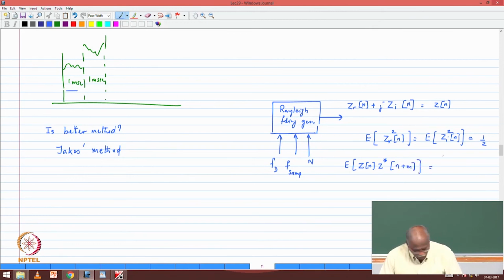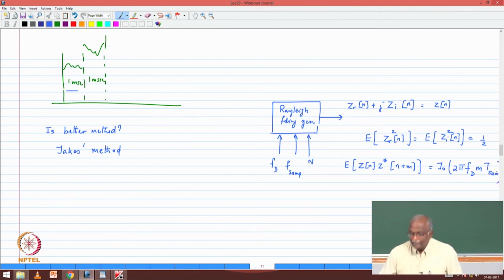This should satisfy the following property. It should behave like the Bessel function, J0 of 2 pi fd, and what else? Delta t, but now it is m times T samp.